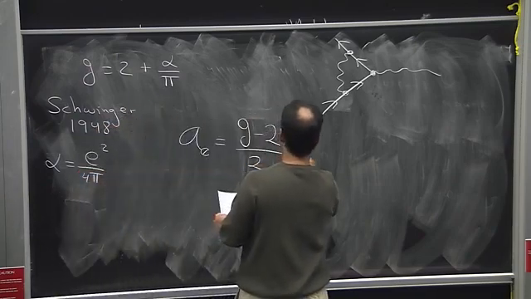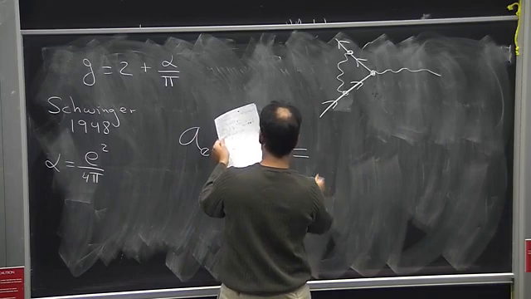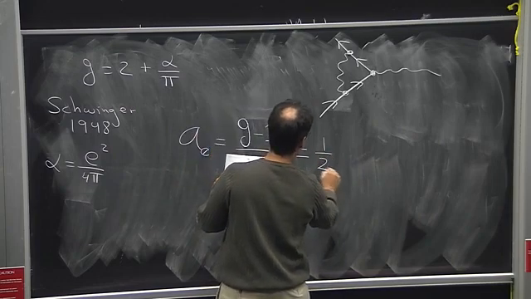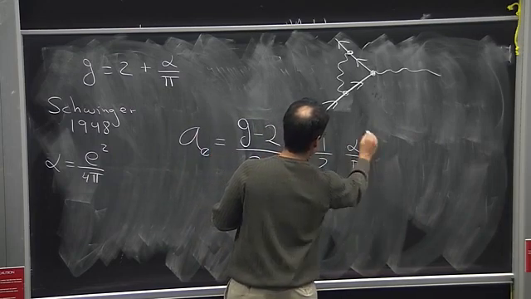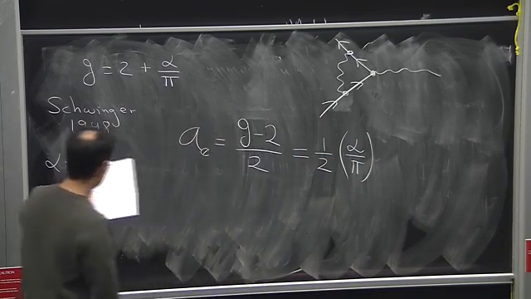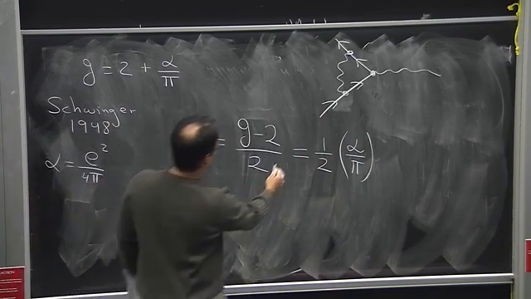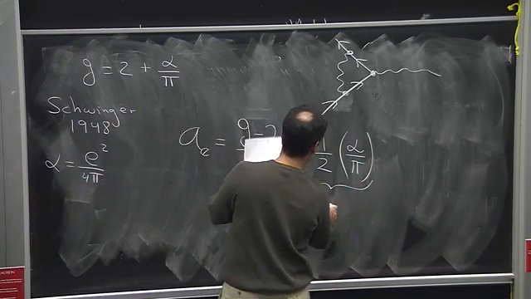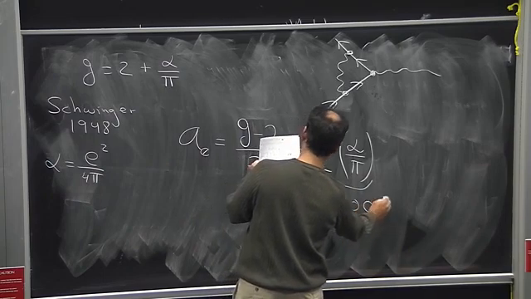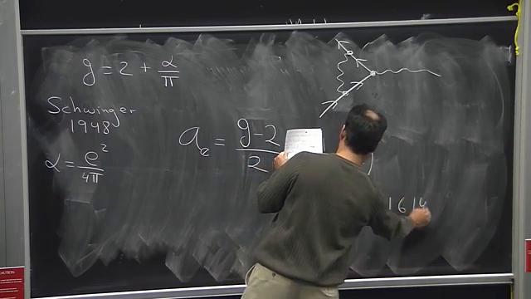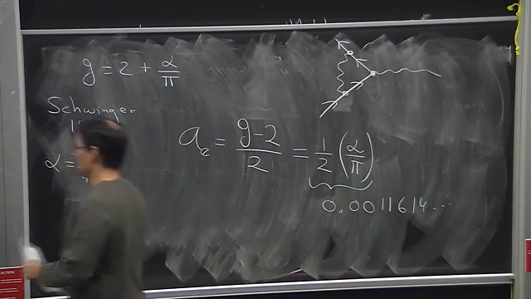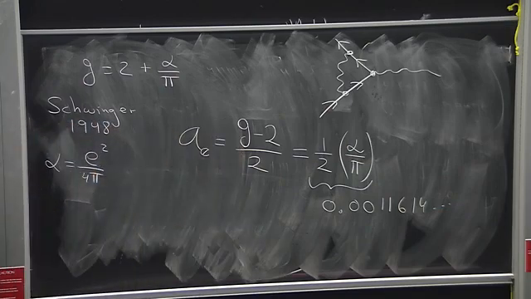And then, of course, Schwinger found that this thing was one half alpha over pi. Note that this is a very small contribution. This thing is 0.0011614, and so on. So it's a very tiny correction, but the experimentalists were able to actually measure it and realize that it's not the correct answer.